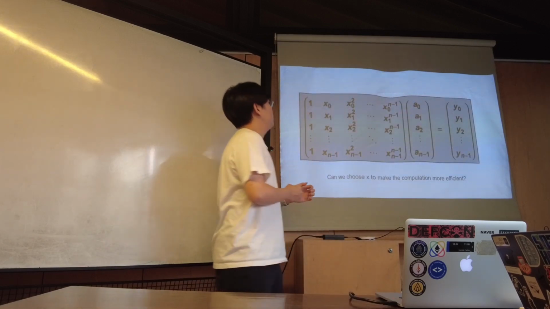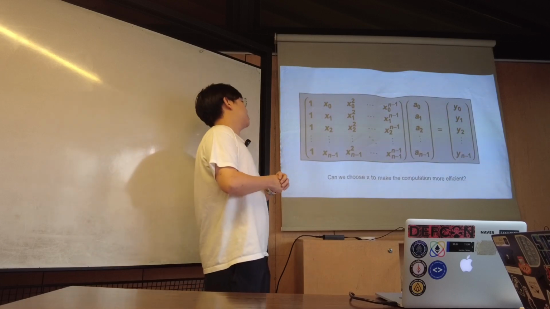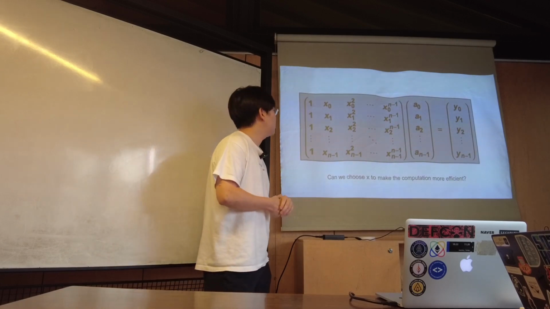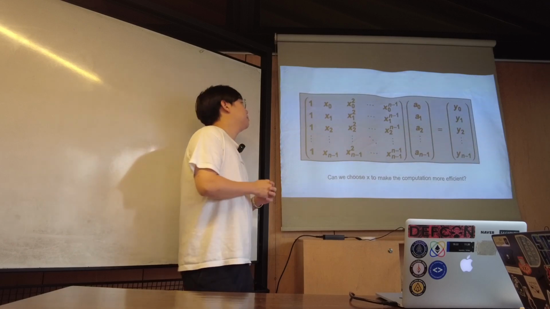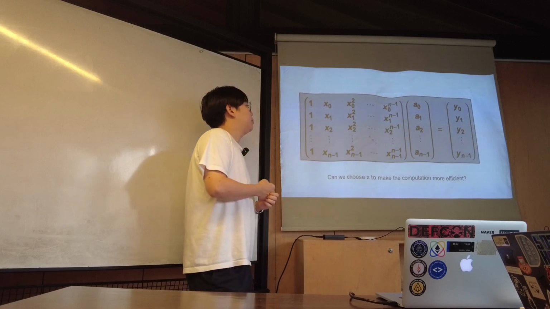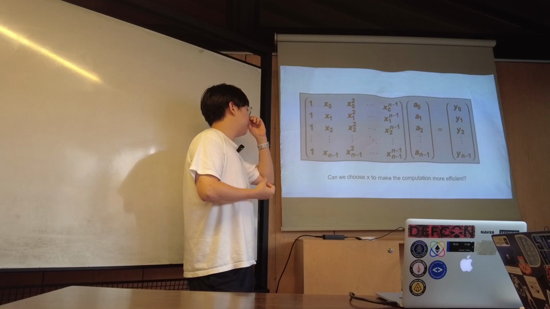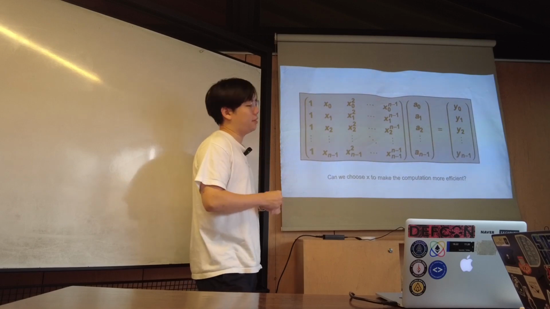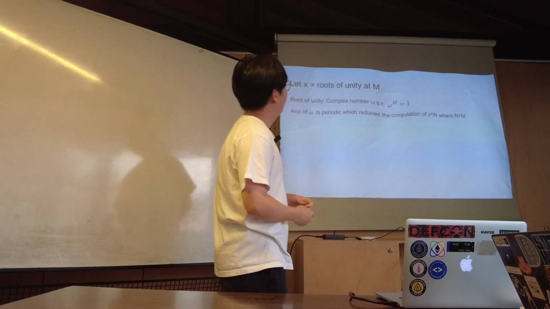And we want to choose a smart value for this entire matrix multiplication. So suppose you have some random points A0, A1, A2, and Y0, and you want to choose a value for X that is going to make the matrix multiplication much more efficient.